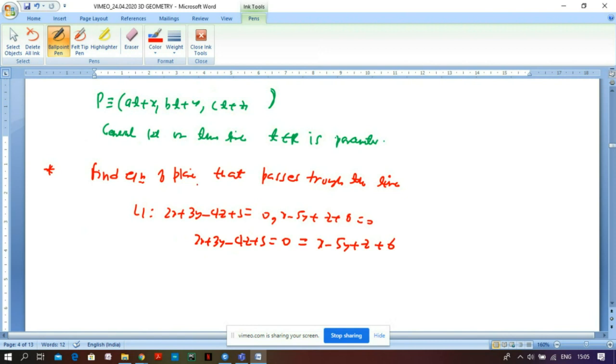So you want the equation of a plane that passes through line L1, and L1 is nothing but the intersection of two planes.